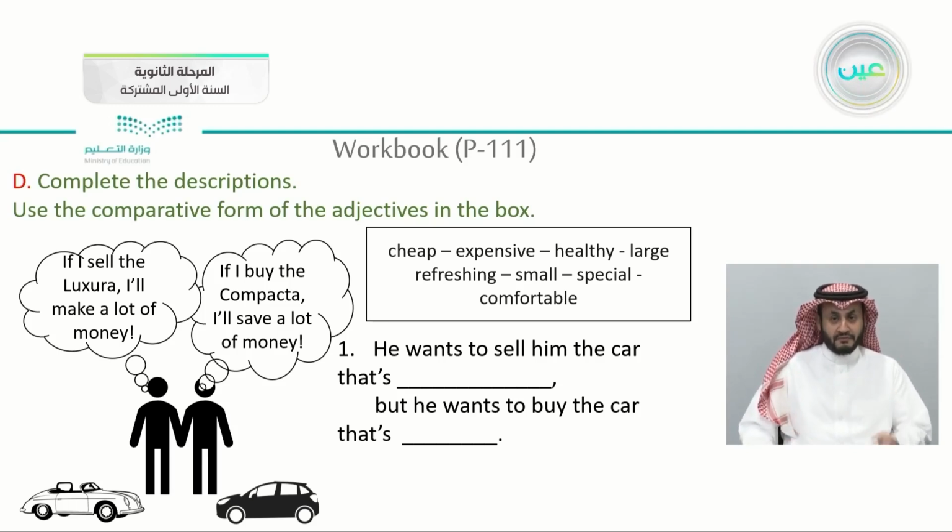He wants to sell a car that is more expensive. If I buy the compact car, I will save a lot of money. He wants something that will make him save money. So, he wants to sell him the car that is the seller. He wants the luxurious car, which is, we will choose the adjective here, expensive.